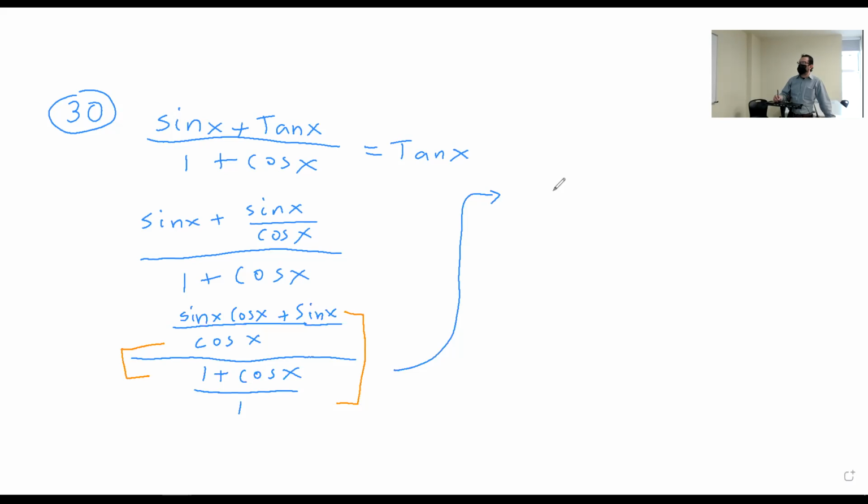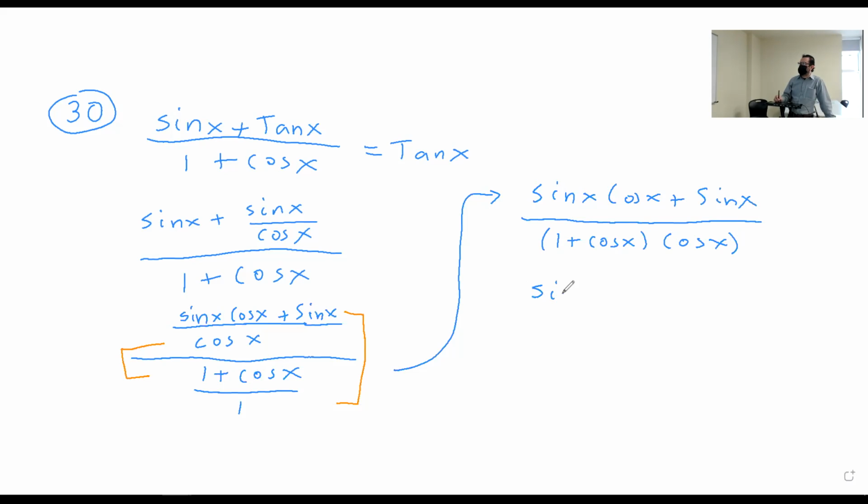And so by doing that, I'm going to have sine of x times cosine of x plus sine of x, divided by 1 plus cosine of x, multiplied by cosine of x. And we can factor the sine of x on top, since it's a common element.